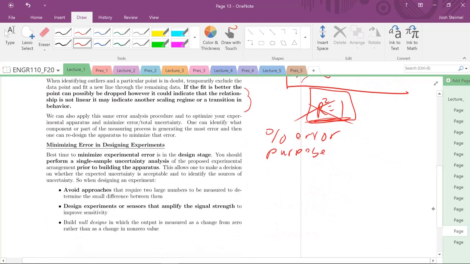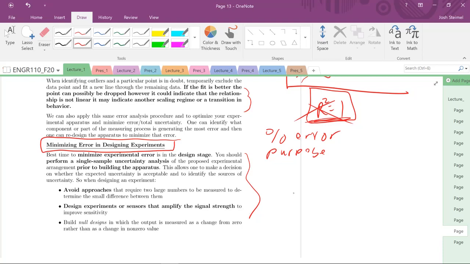And finally, we're going to talk more about this, but one of the ways that you can improve the resolution and minimize your uncertainty and error in designing experiments is by performing an uncertainty analysis of precision and bias. We're going to talk about this a lot more, but you can design and think about your experiment ahead of time, in building your experimental apparatus, and test to see what the uncertainty is.